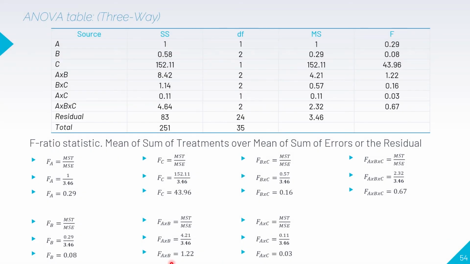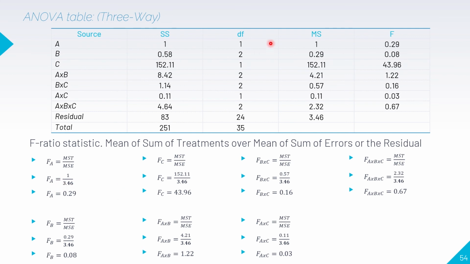Next, let's find our F ratio statistic: the mean of sum of treatments over the mean of sum of errors, or the residual. The df of the residual is 24, and the MS of our residual is 3.46. So our denominator here is 3.46.